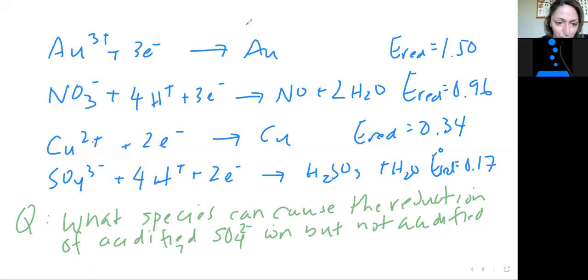So you guys notice, even with me writing the questions, these questions can be kind of tricky. So which species can cause the reduction?